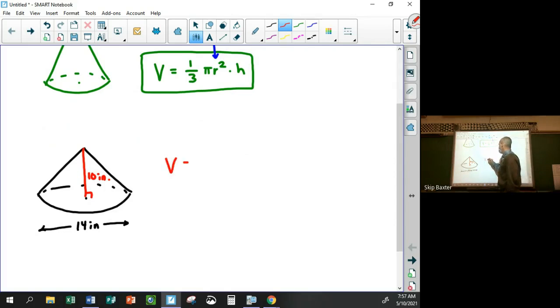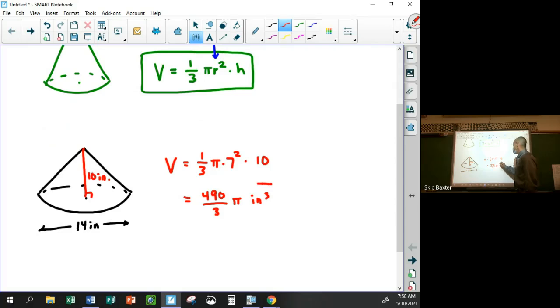Then the volume would be 1/3 pi times 7 squared times 10. So 7 squared is 49 times 10 is 490. So this would be 490 over 3 pi. That would be the exact answer. Pretty easy.